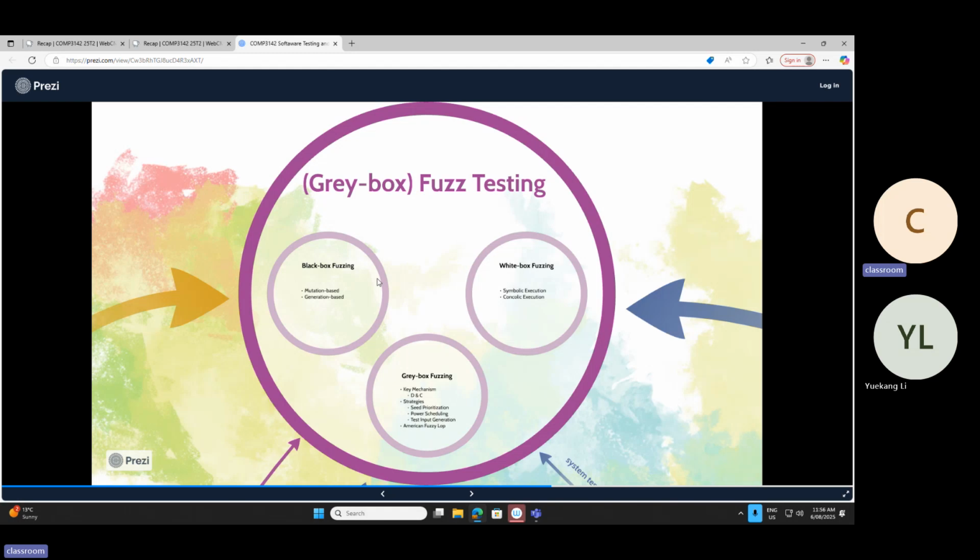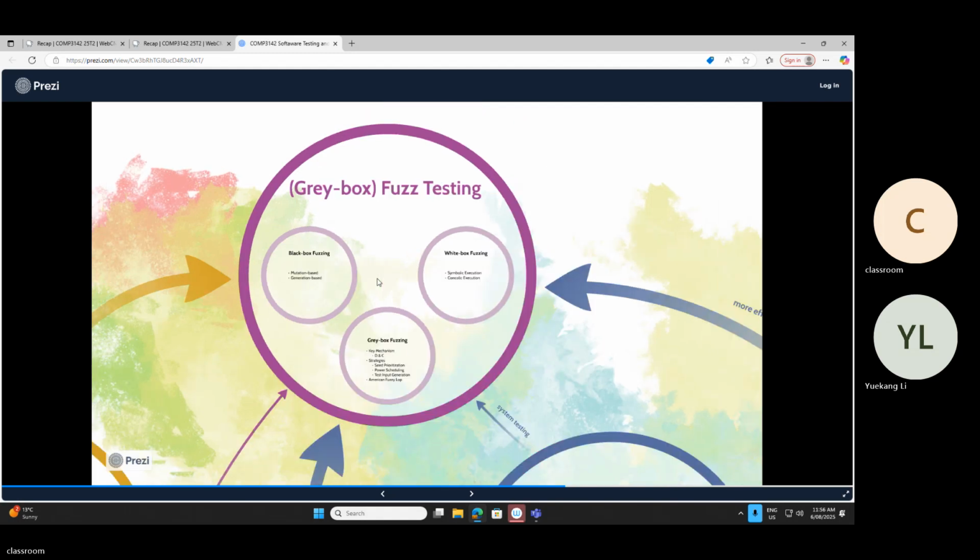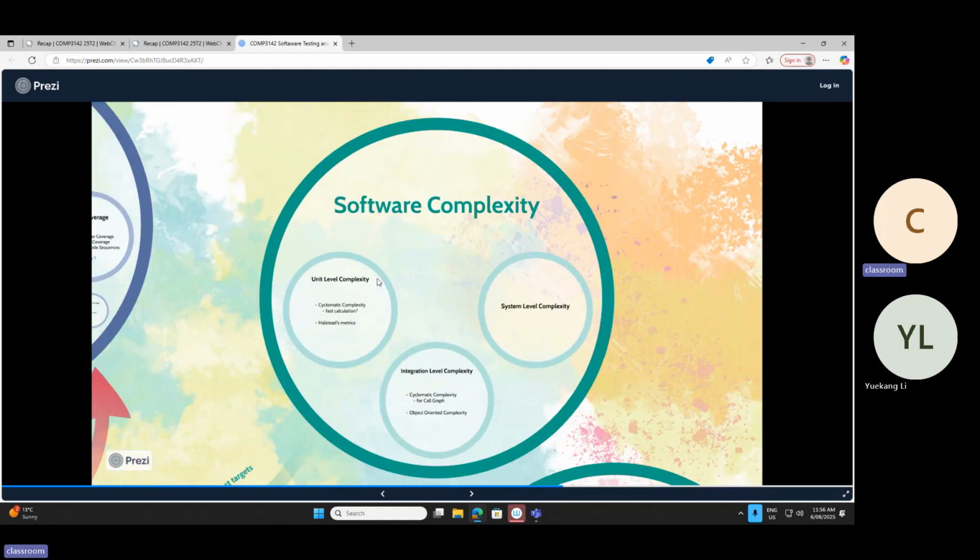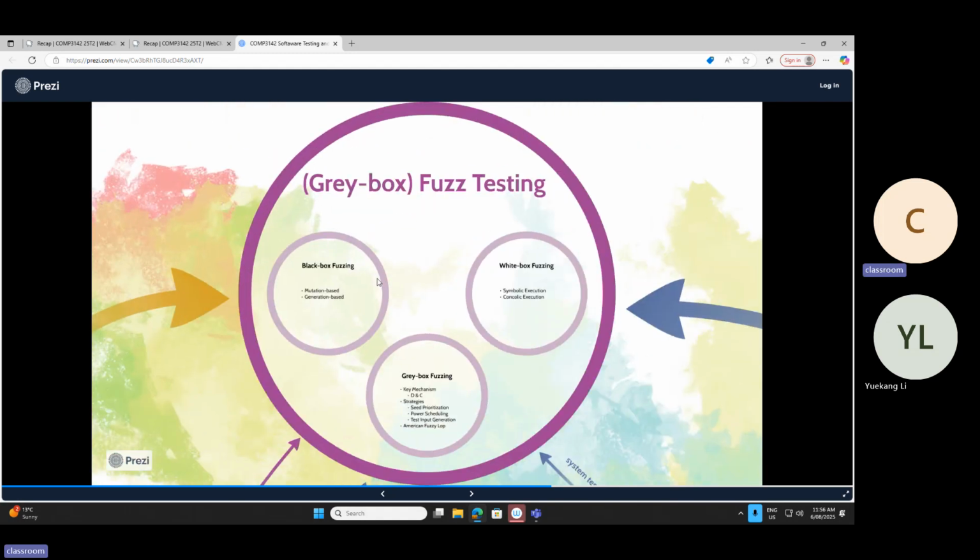All right, let's start the second half. In the first half of this term, we learned different testing techniques, which are the ones related to almost all of our assignment questions.